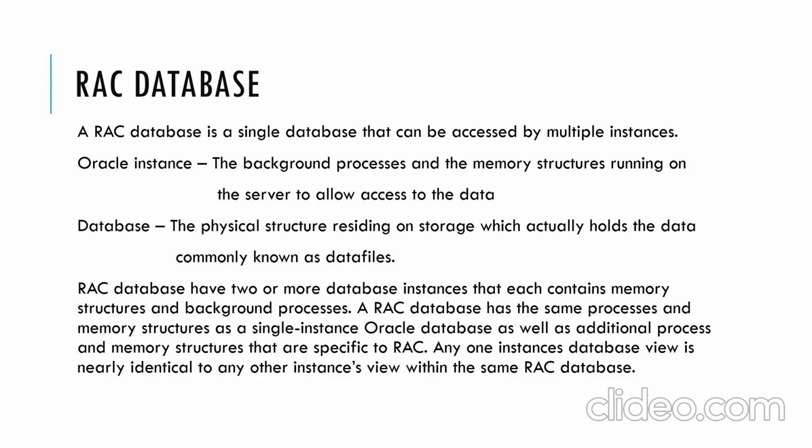Any one instance's database view is nearly identical to any other instance's view within the same RAC database. For example, if two different users are connected to the same database through two different instances and they fire the same SQL query, both of them will get the same output.